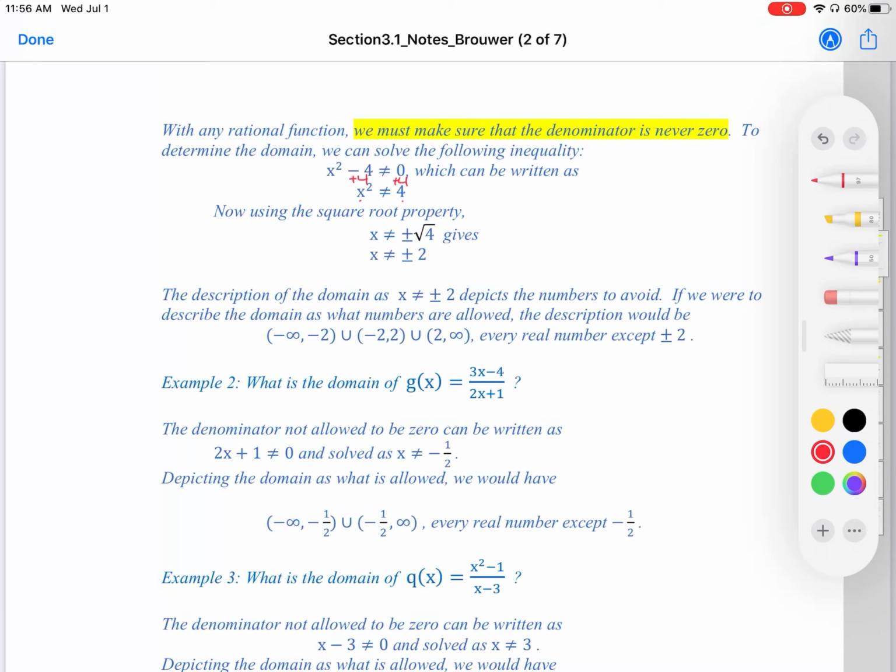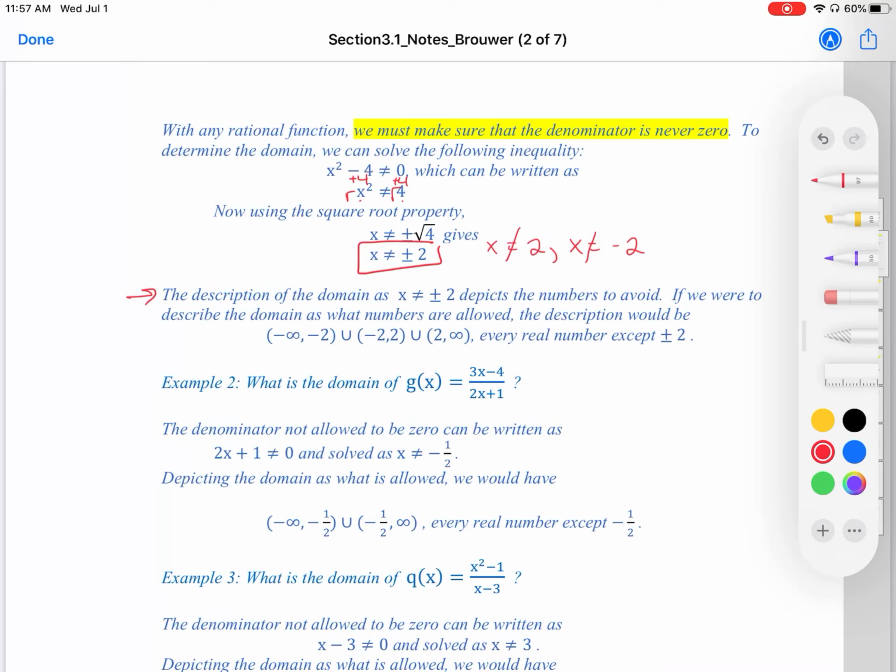We want to get rid of the square, so we take the square root of both sides. So we get x equals plus or minus the square root of 4. Remember, when we take the square root of both sides, we can't forget the plus or minus. The square root of 4 is 2. So our answer is telling us that x can never be 2, and x can never be negative 2.